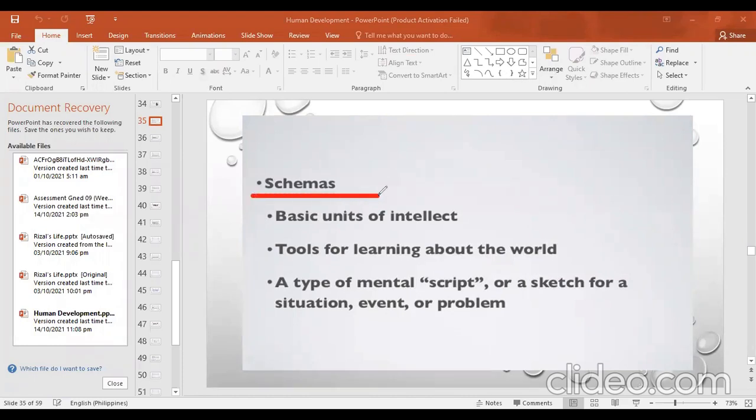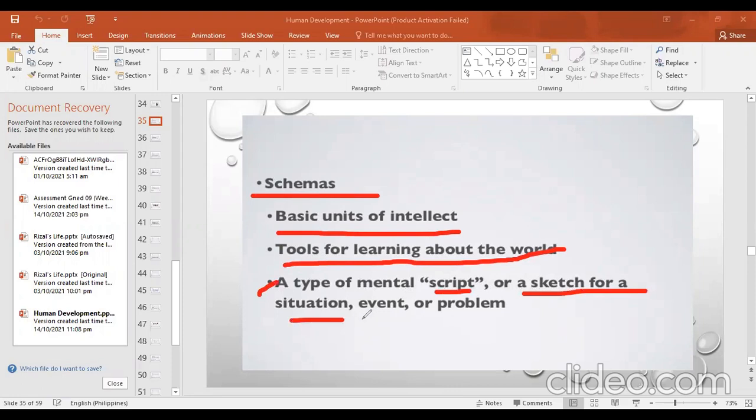So when we talk about schema, it is the basic units of intellect, a tool for learning about the world, a type of mental script or a sketch for a situation, event, or problem. So when we talk about schema, it is a pattern, ano, another, kumbaga, different categories when it comes to learning.